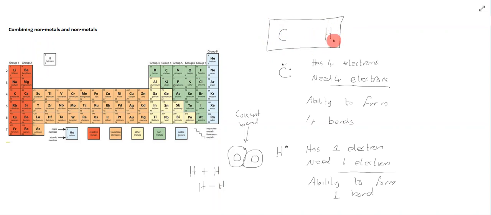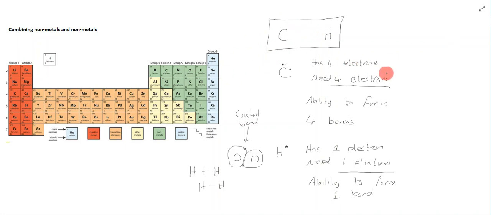Each hydrogen atom can only provide 1 electron because it only has 1 electron in its outer shell. So if each hydrogen can only give 1 electron, carbon will need 4 hydrogen atoms in order to have a full outer shell.